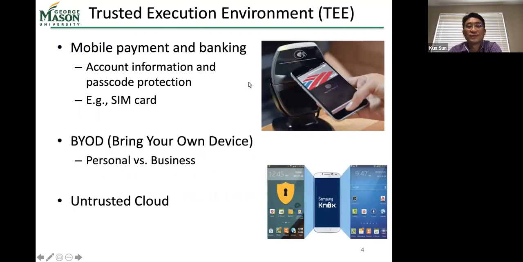First, what is a TEE? Think about our mobile devices: when we process our payment or banking information, like your user password, we need a trusted environment to protect those sensitive data. Even if our Android OS is compromised, we still want to protect our sensitive data.